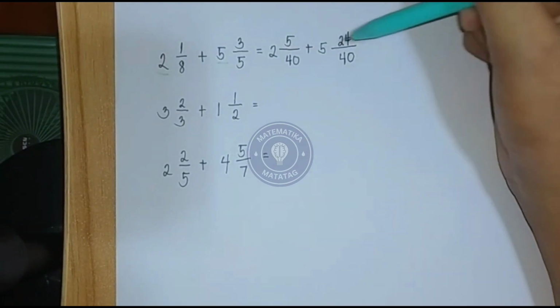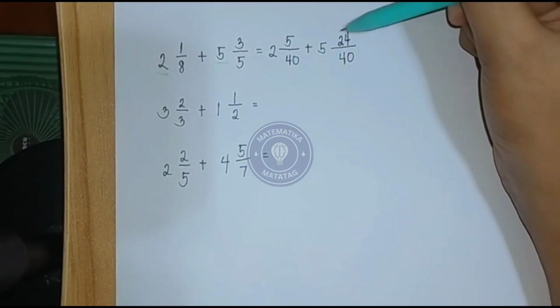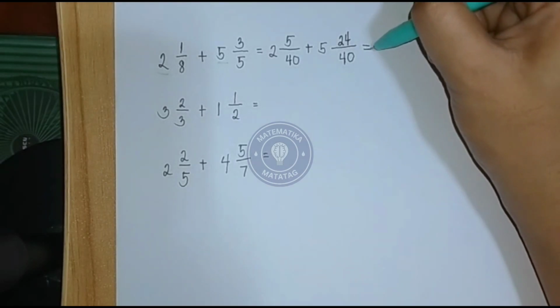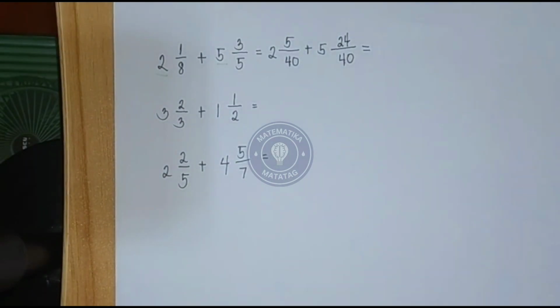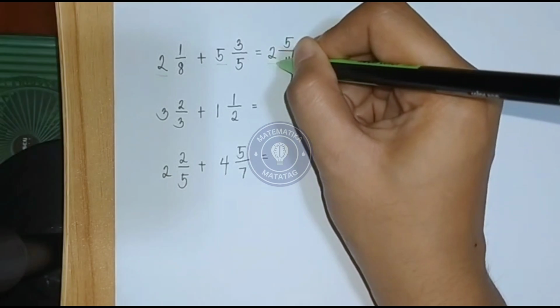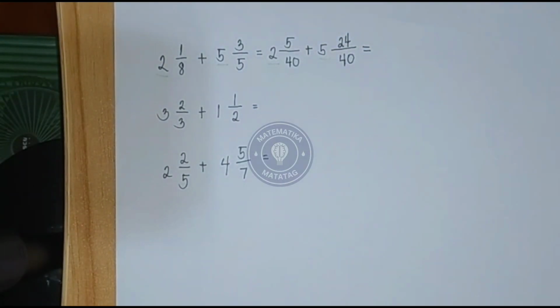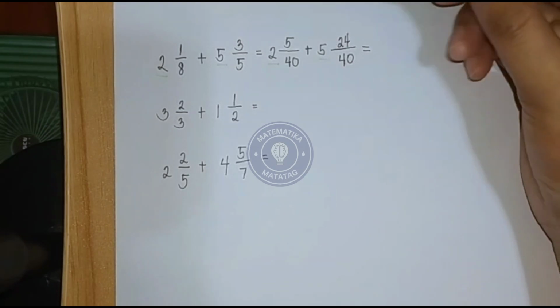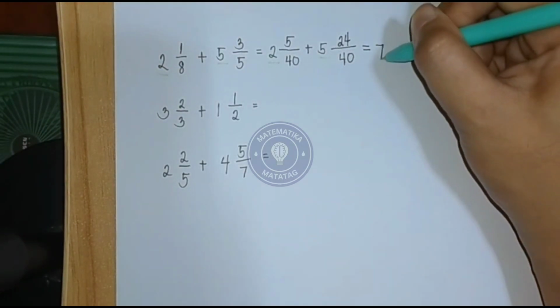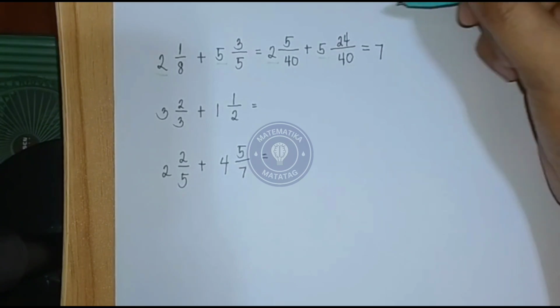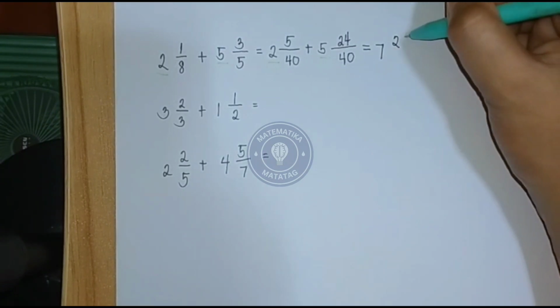So here it is. We already have similar fractions here. We can add the fractions. Just add your whole numbers, 2 and 5. So 2 plus 5 is equal to 7. And then add your numerators. 5 plus 24 is 29.